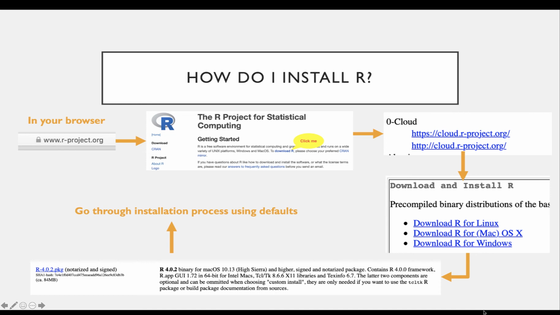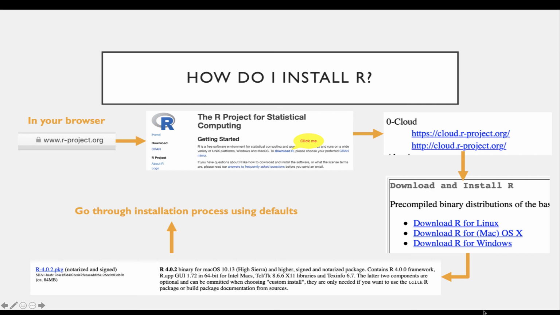There are a variety of different sites that will show up that actually host images of R, and you can use any of those websites to download R. For instance, if you go to Zero Cloud, you can click on one of those two links that Zero Cloud has, and it'll provide you an option to download R for Linux, Mac, or Windows.